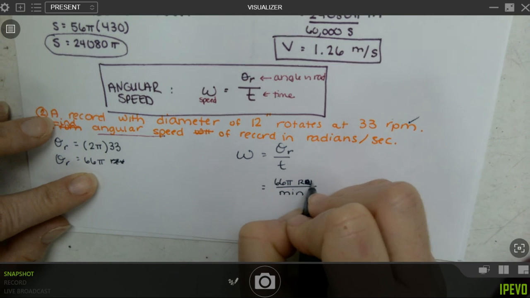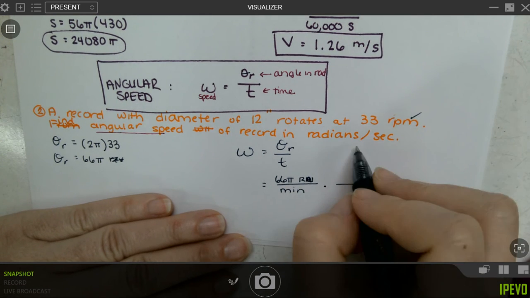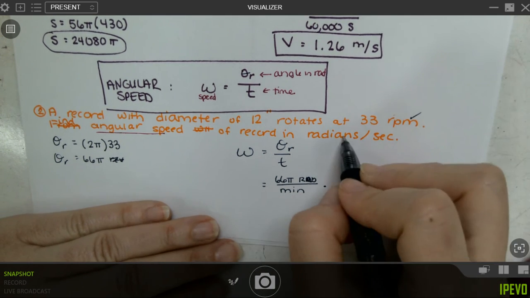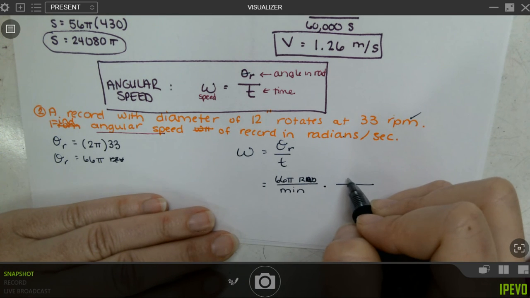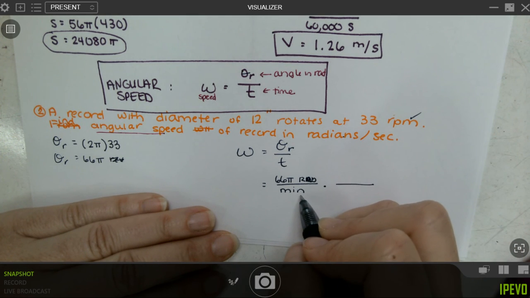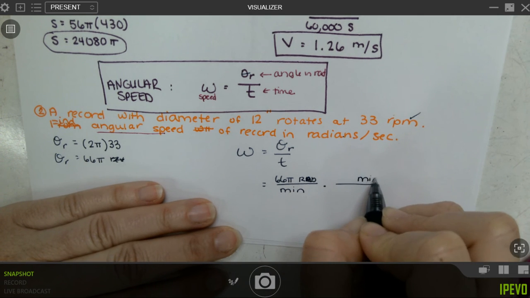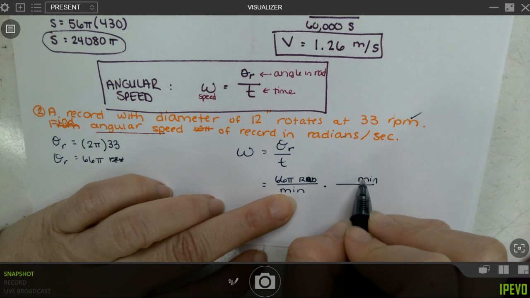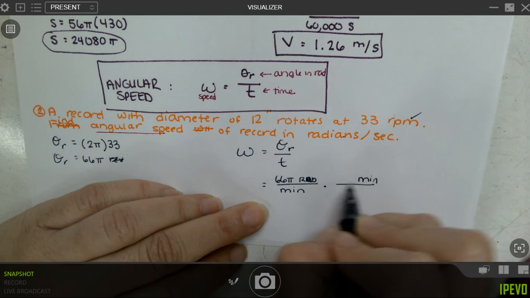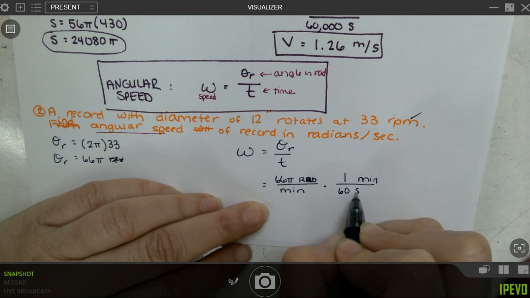Okay. We need radians per second. Right now we have radians per minute. So the only thing we need to convert is the seconds. Again, since minute was in the denominator, I'm going to put it in the numerator so they cancel, and each minute is 60 seconds.